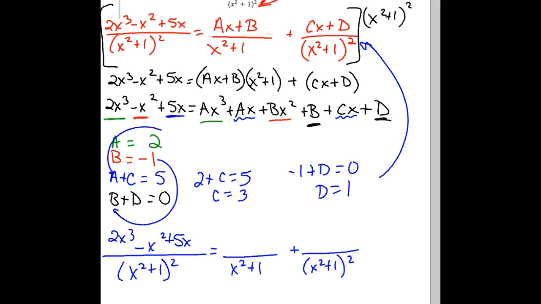The first one had a numerator of ax plus b. So a is 2, b is -1, so 2x minus 1. Okay. The second one had the cx plus d, so 3x plus 1. We okay with the irreducible quadratic type? Okay.